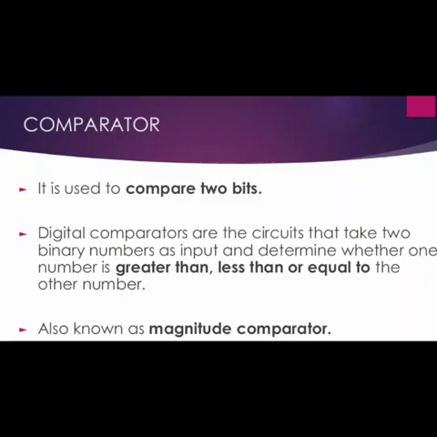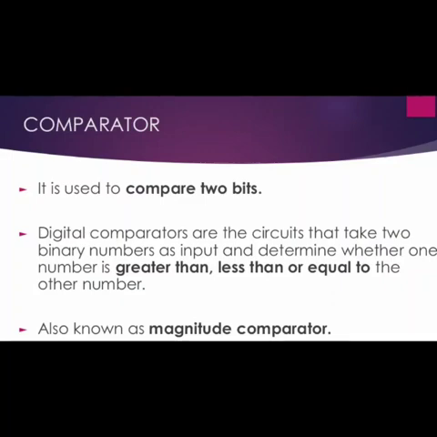We can define a comparator as a circuit that takes 2 numbers as input in binary form and determines whether one number is greater than, less than or equal to the other number.